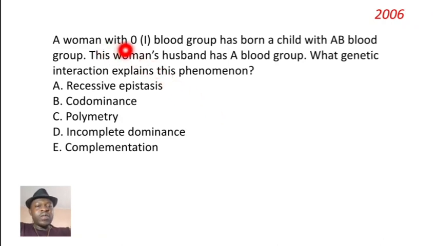A woman with blood group O, the first blood group, has born a child with AB, the fourth blood group, and the husband has blood group A. So this kind of interaction is known as recessive epistasis.